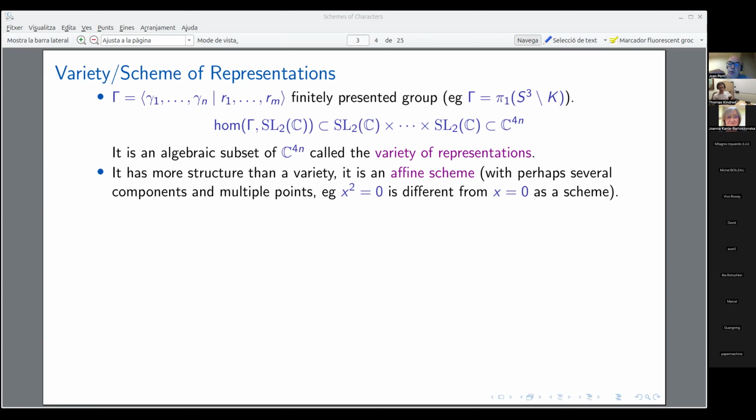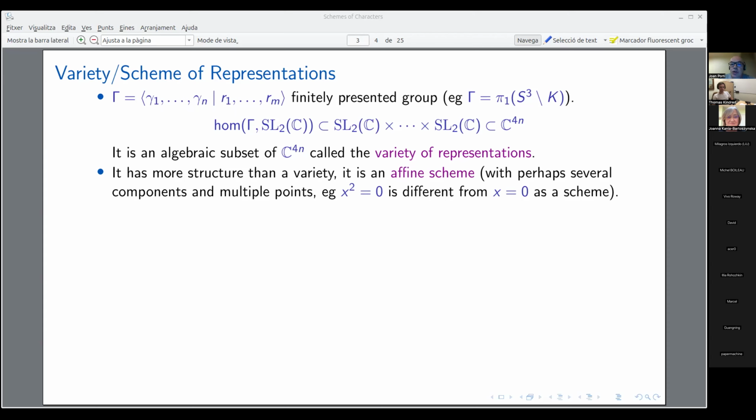So essentially, when we talk about a scheme, a scheme can be complicated, but we'll talk about affine schemes. These are just algebraic subsets defined by polynomial equations. But for these equations, we don't have any control. It's not reduced, it's not irreducible, so we may have multiple points. And with my co-author Michael Heusener, we were looking at these multiple points and whether there is a geometric interpretation or not.